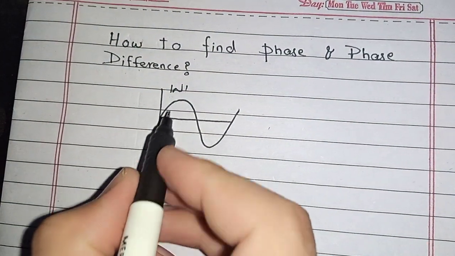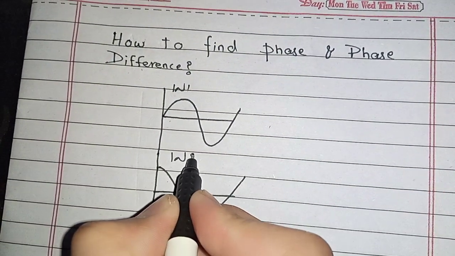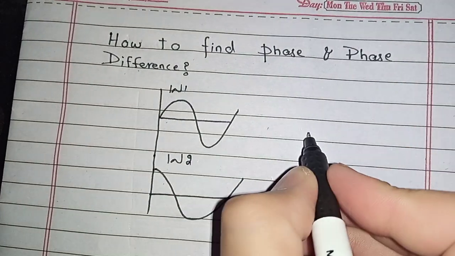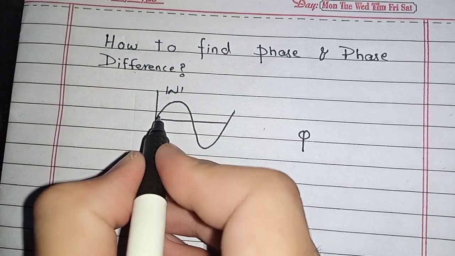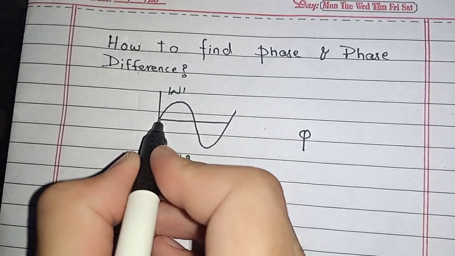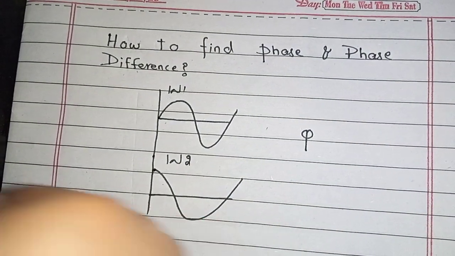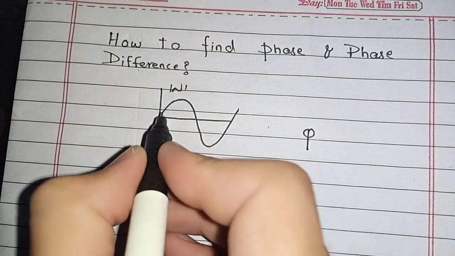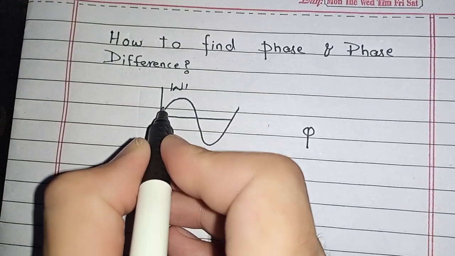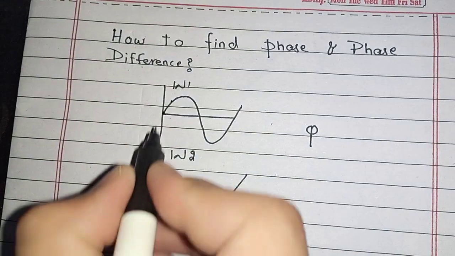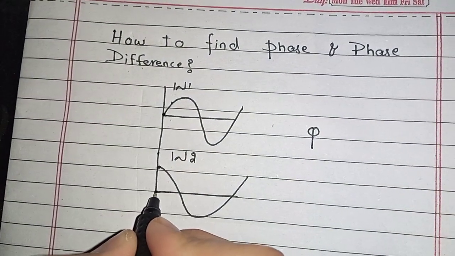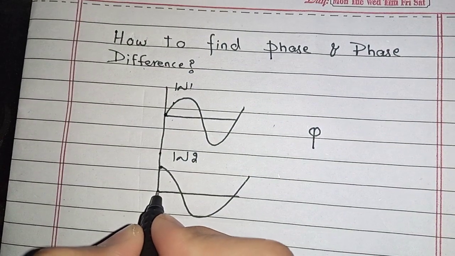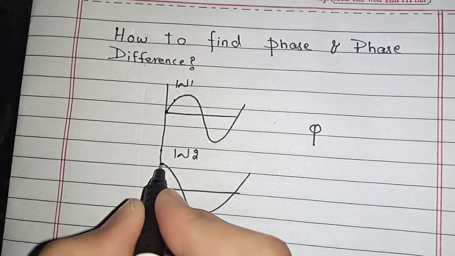So here you can see that this is wave 1 and this is wave 2. First thing, I'm going to find the phase difference between these two waves. This is plus sine wave and this is plus cos wave. At 0 degrees, the magnitude of sine wave is plus 0 because it starts from 0, and at the same angle the plus cos wave is plus 1.